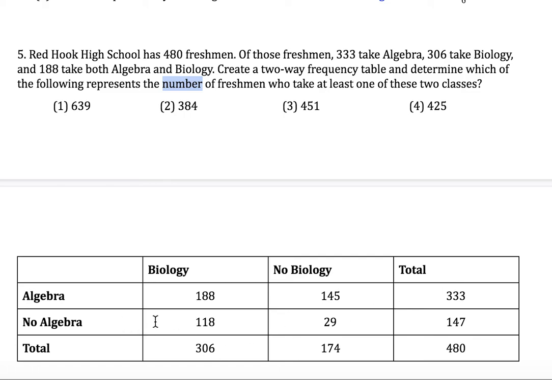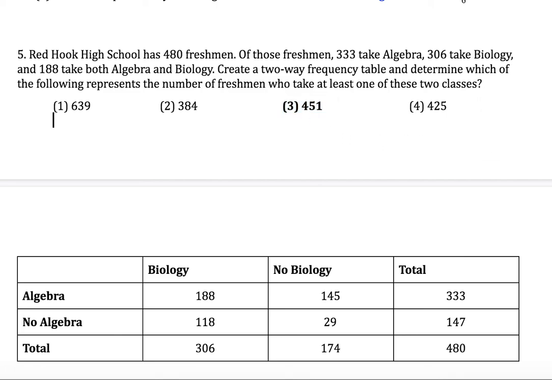And then no algebra. I just want to clarify, I'm not going to do no algebra, no biology. Because if it's no algebra and no biology, then they don't fall into taking at least one of these two classes. So I'm taking the algebra students, which are 333, and I'm going to add in those who are not taking algebra, but they are taking biology. I'm going to add this cell up, and this cell up. That gets me a total of 451.